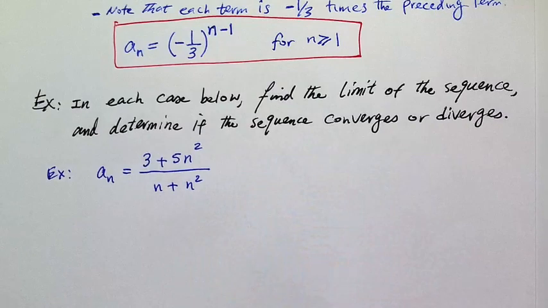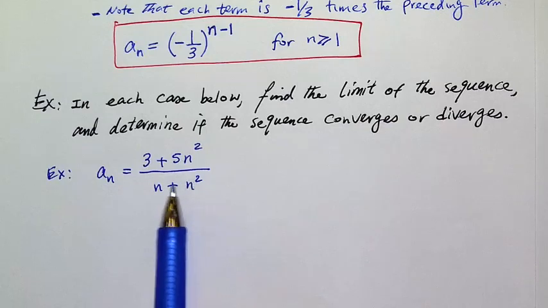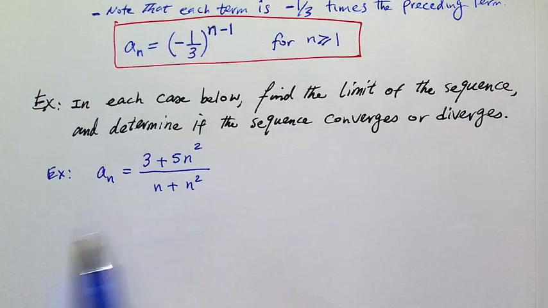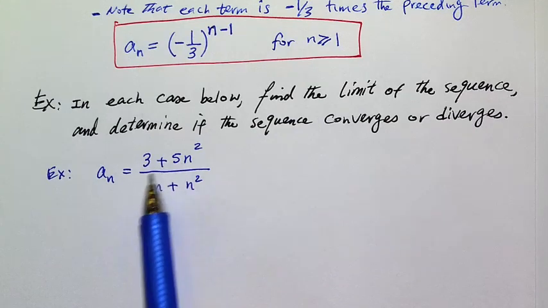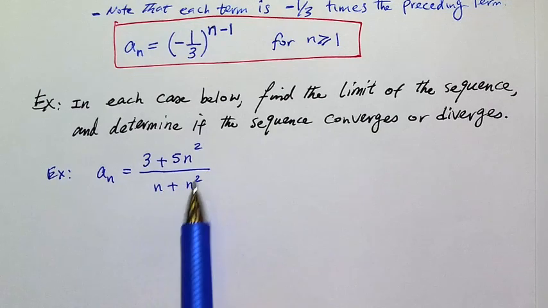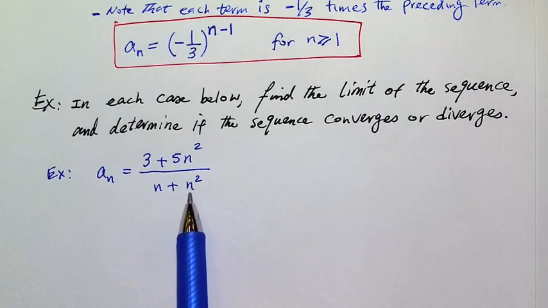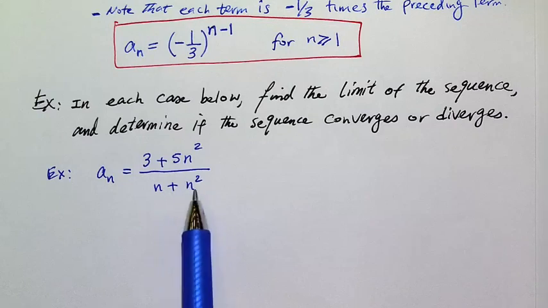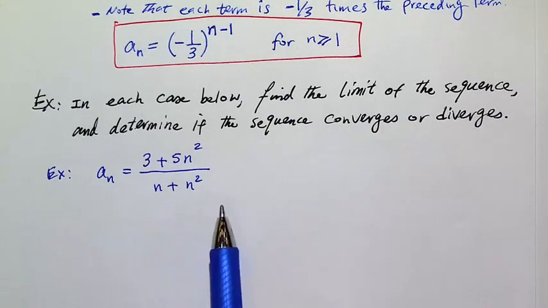In Calculus 1, we had a technique for finding the limit of rational expressions when we dealt with functions and an x variable. Remember what that technique was? We can treat this as such a function, and then apply that technique, which was to divide each term in the numerator and the denominator by the highest power of the variable in the denominator, here the n squared.